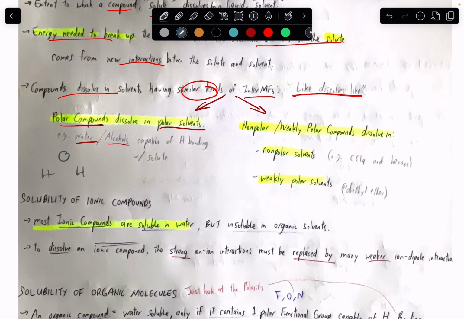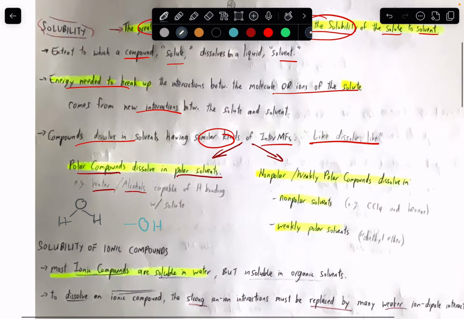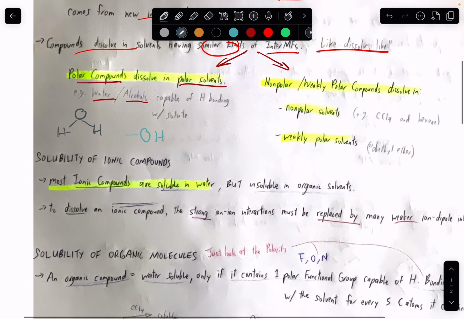Kasi there is a significant difference between the electronegativity of oxygen and hydrogen. Actually, ganun din sa alcohol, di ba? Alcohol group, OH. So, both of them are capable of hydrogen bonding. By the way, H bonding is gonna be very popular in the context of solubility.